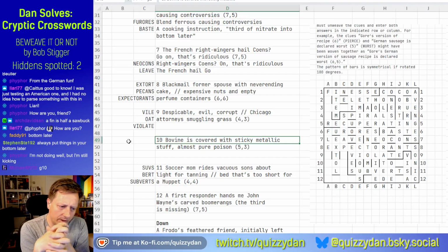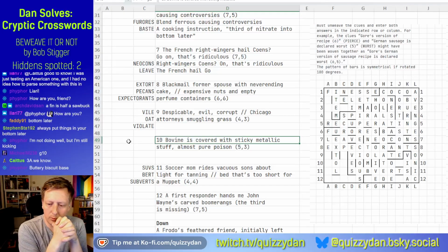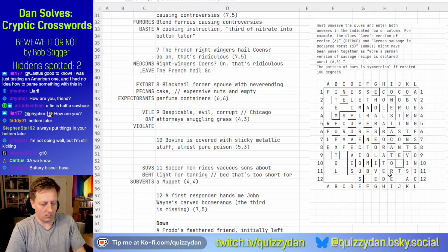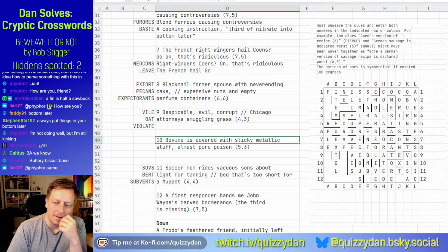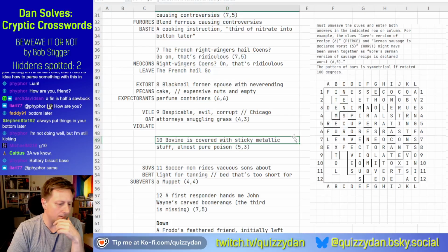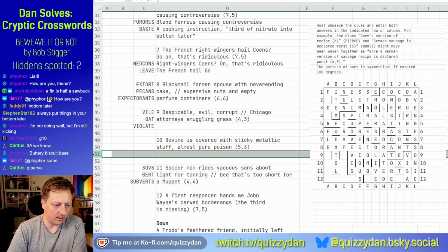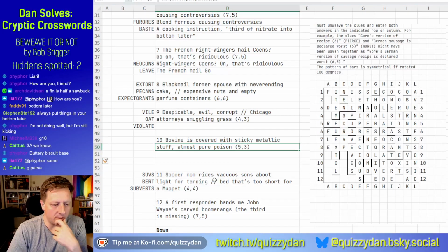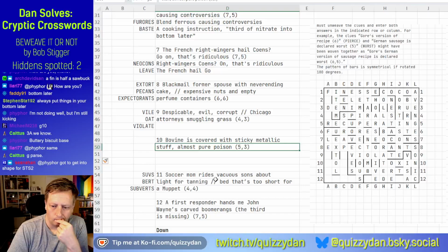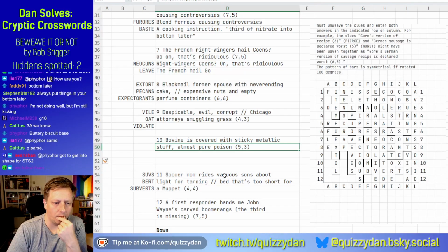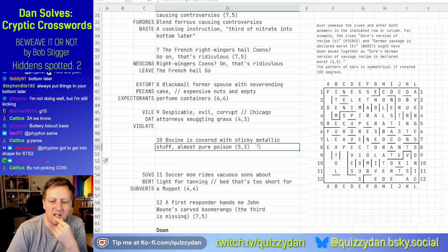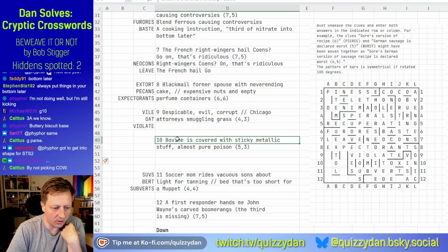Bovine is covered with sticky metallic stuff, almost pure poison. Well, I can see toxin when I see it. Oh, why did I not put denim in? Yeah, thank you. So, bovine, that's just going to be cow. How do we get to toxin, though? Poison is toxin. Metallic stuff is tin. Oh no, bovine is ox.